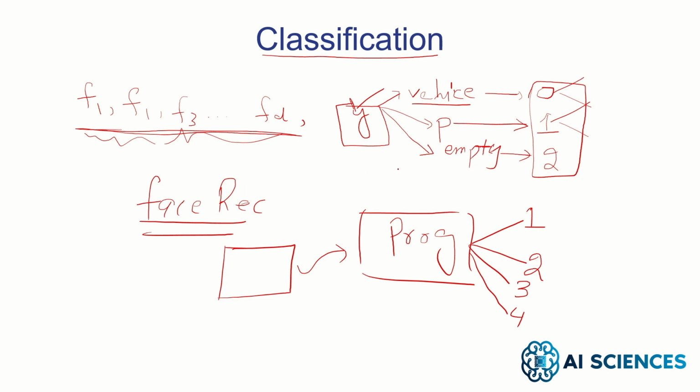So that's classification. The difference between classification and regression is the type of the target. In regression, the target is mostly continuous and represents a quantity, a value. In classification, the target is a label, and it represents a category.